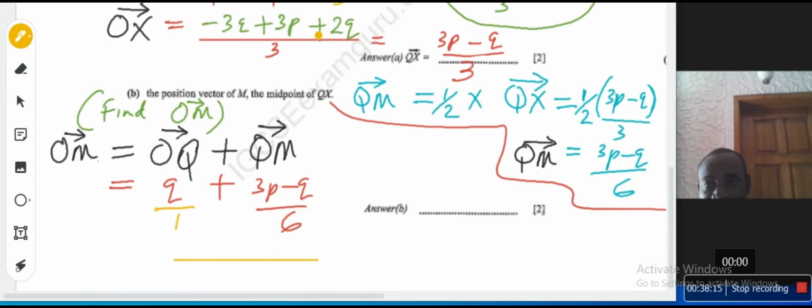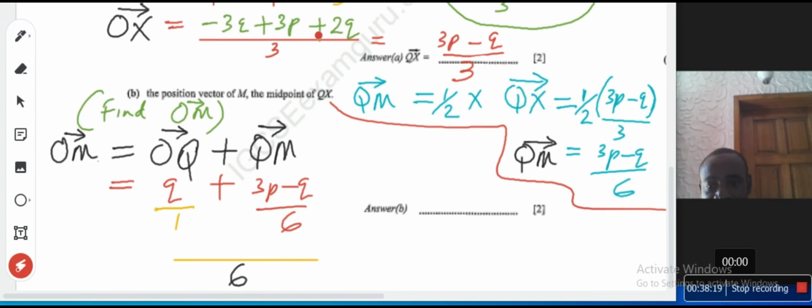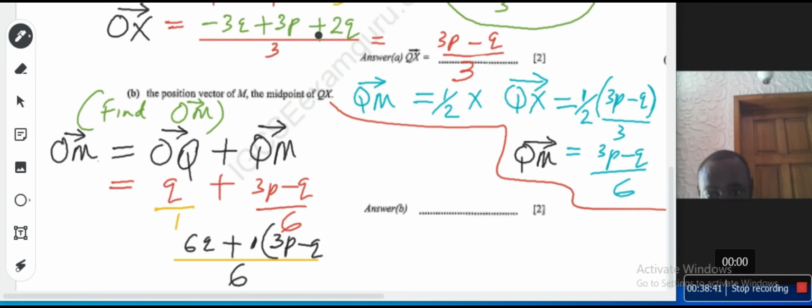The LCM is 6. So 6 divided by 1, times q, is 6q, right? Plus 6 divided by 6, which is 1. It's better to put that 1 and open a bracket and write this, because if there's a minus there, with this bracket it will be safe.